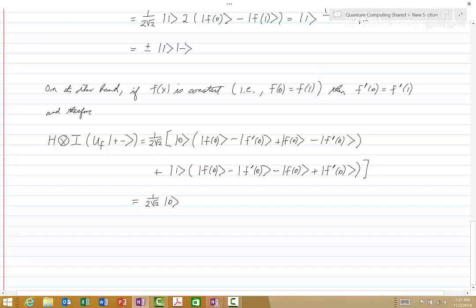0, and then in the first parentheses, we have 2 times f of 0 minus 2 times f prime of 0. So 2 times f of 0 minus f prime of 0.